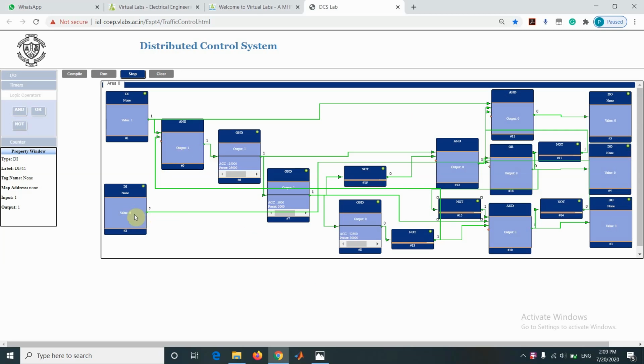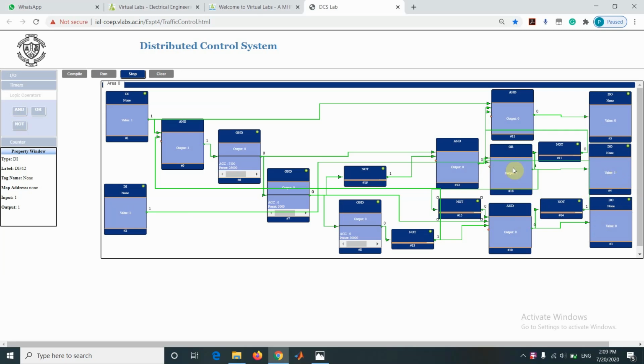Now when we give the VIP arrival signal by toggling this input block, we see that green and red light both are off and only yellow light is on, as you can see.